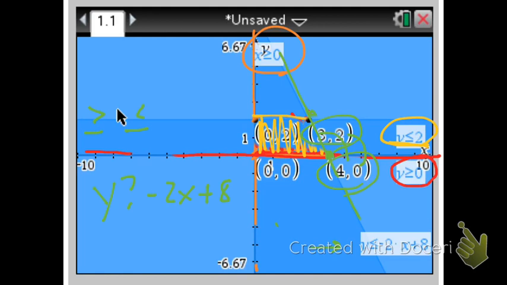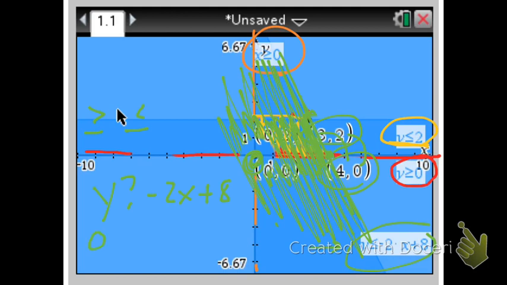I'm going to test a point, and that point's going to be 0, 0, because it's the easiest point to test. Why 0, 0? Like I just said, it's the easiest point to test. It's also in the shaded region if I were to shade to the left of this line. So since it's in the shaded region, I want to make sure that it works.